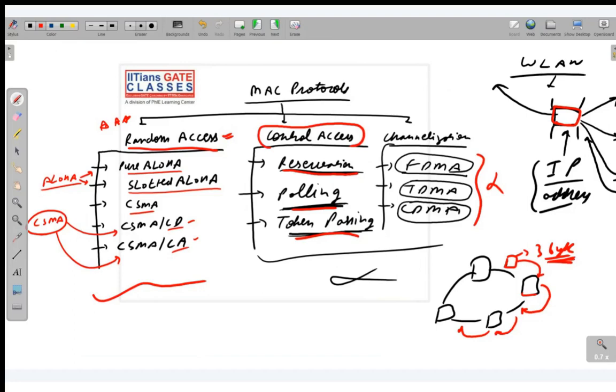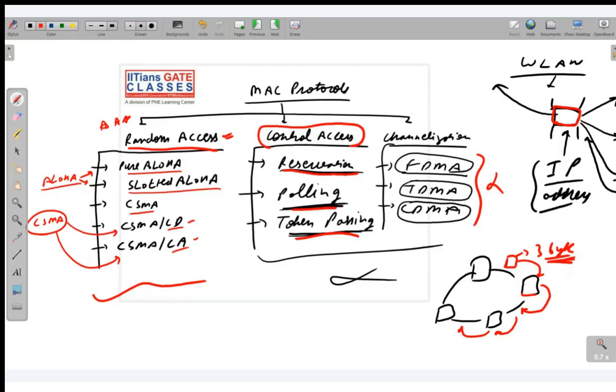That is, no station permits or stops another station to send data. Nobody is giving permission and nobody is stopping anybody from sending the data.